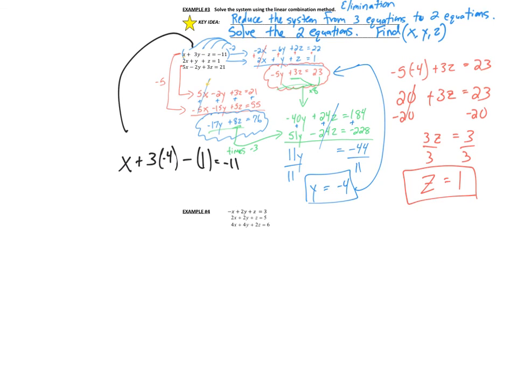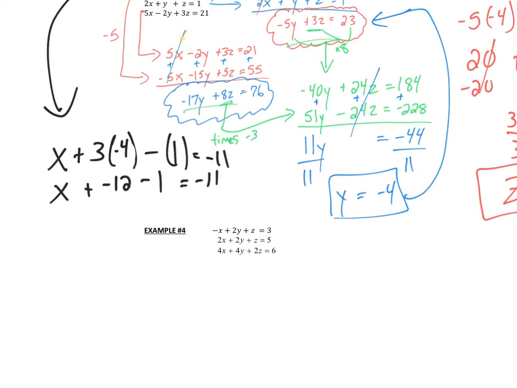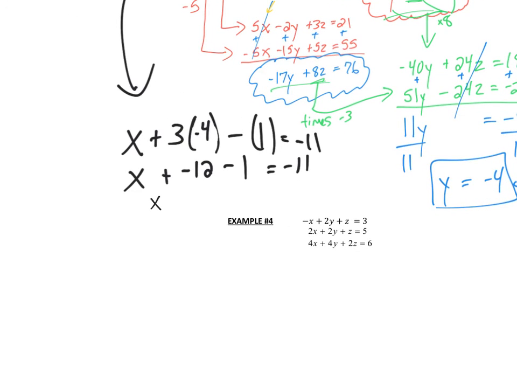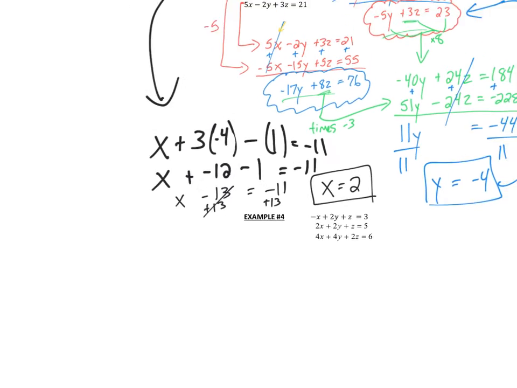Sorry, I screwed it up at first. So I took that top equation and I plugged in y and z. So it's x plus -12 minus 1 equals -11. If we solve this, it's x minus 13 equals -11. Add 13. What does x equal? +2.